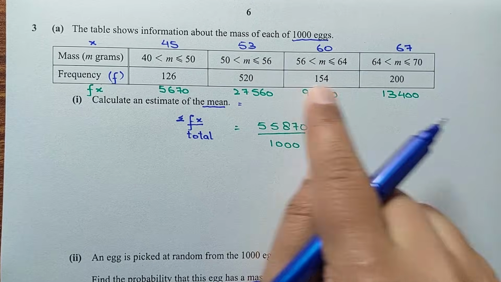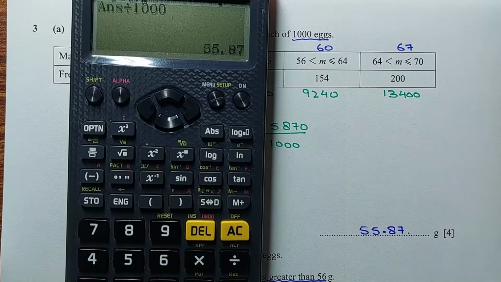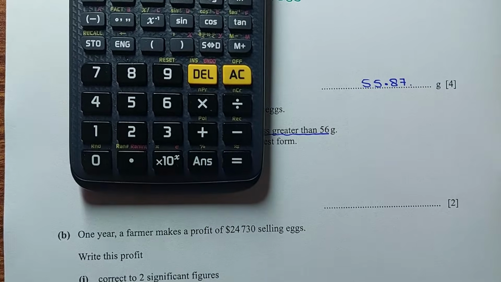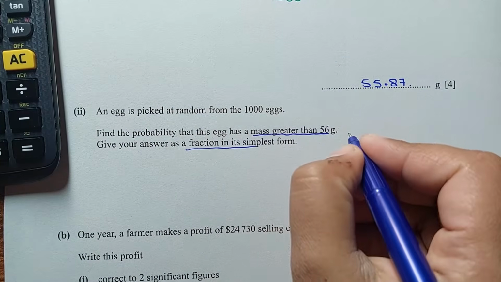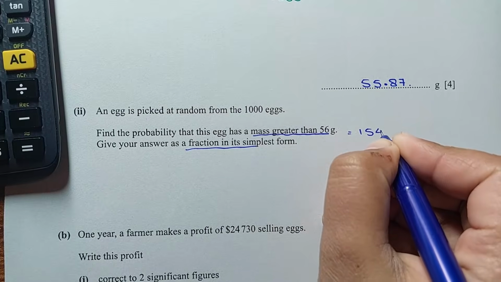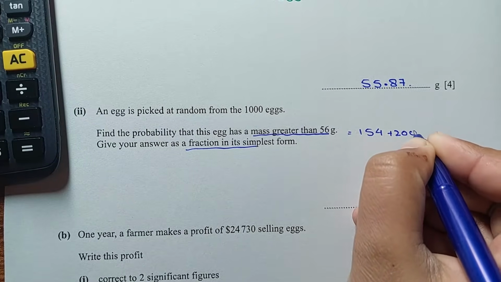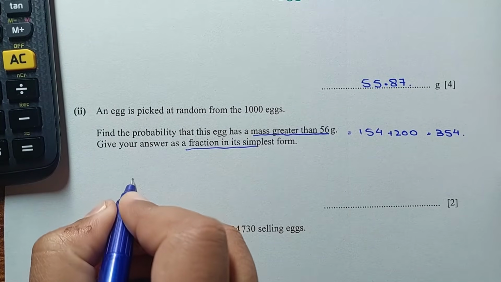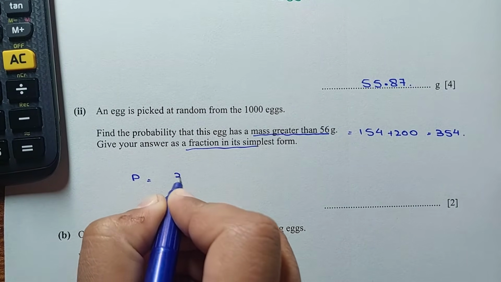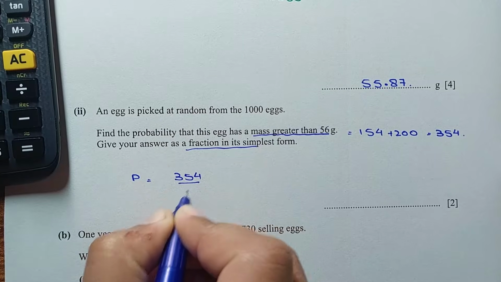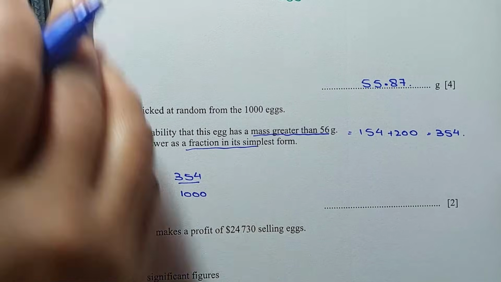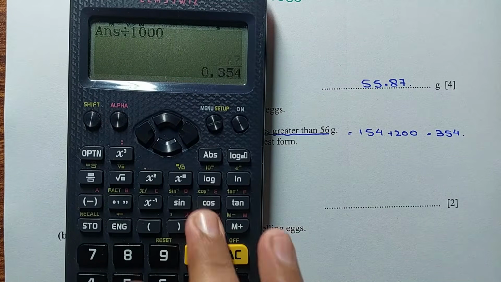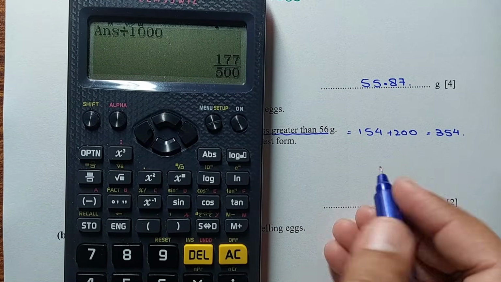Their frequencies are 154 and 200, right? 154 plus 200, and that should be 354. Right, so the probability is going to be 354 eggs out of 1000. We have to convert this into simplest form, divided by 2. Okay, simplest form, 177 over 500.